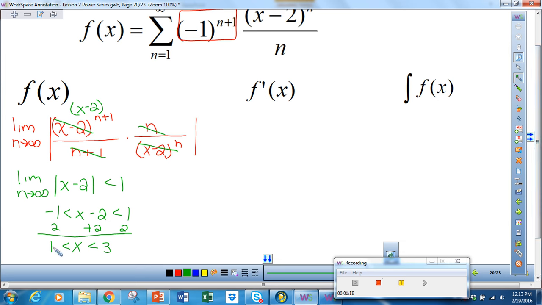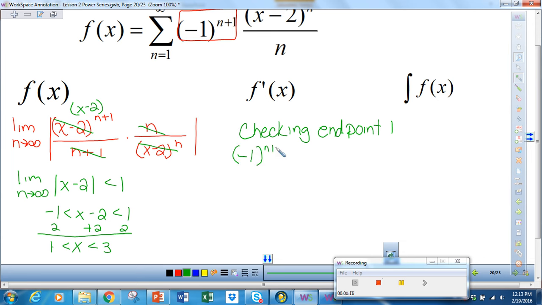So to check our endpoints, we put 1 into the original. So I'm checking the endpoint at 1. So I have negative 1 to the n plus 1. I put in 1 for x, so I get 1 minus 2 is negative 1 to the nth over n.